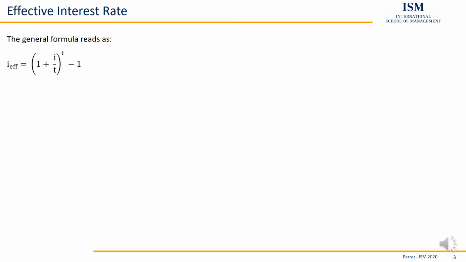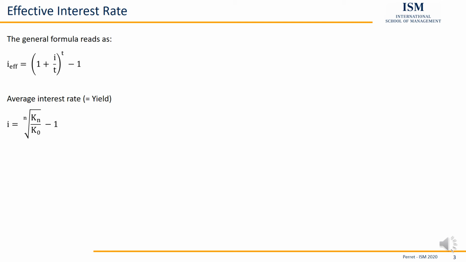So here, as a general formula, the effective interest rate is just (1 plus i divided by t) to the power of t, where t is the number of sub-periods considered here, and then minus 1. And actually, the expression in parentheses to the power of t is nothing else than K1 divided by K0. So same thing as before.